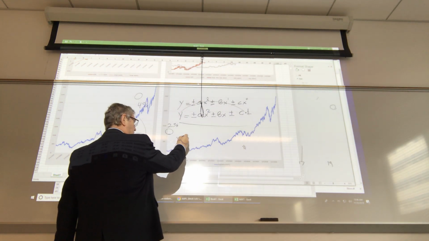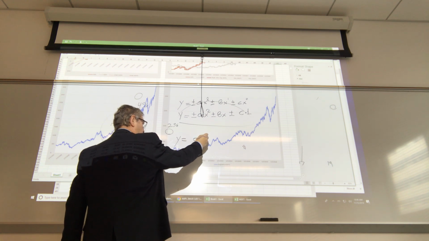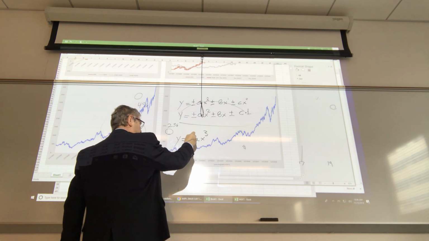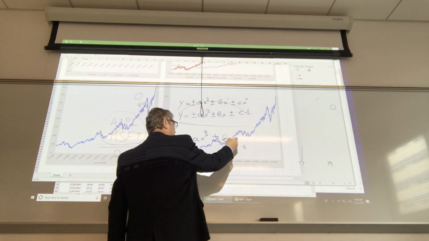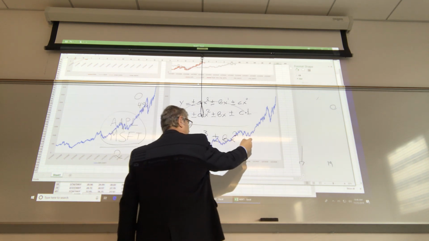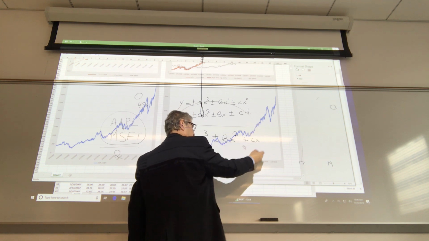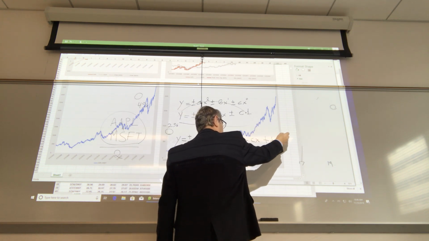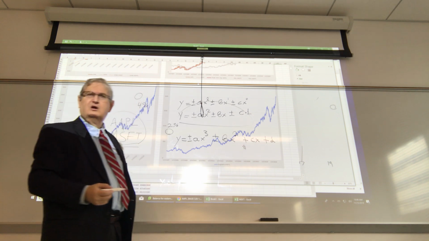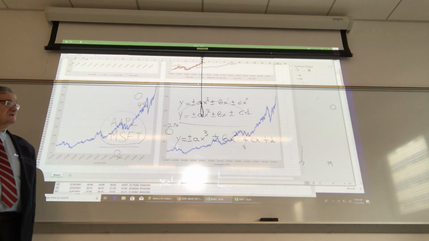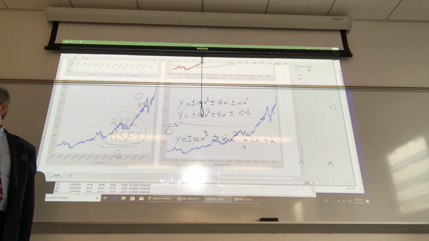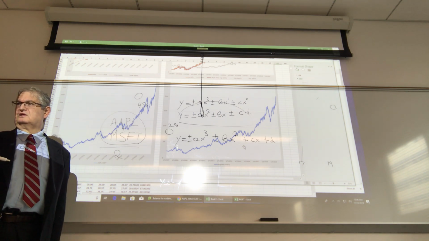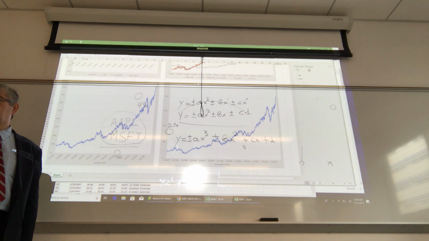A third degree polynomial is y equals ax to the third, which may be positive or negative, plus bx to the second, plus cx to the first, plus d to the 0. So what is the difference between a second degree and a third degree? We said something important. The second degree has one turning point.